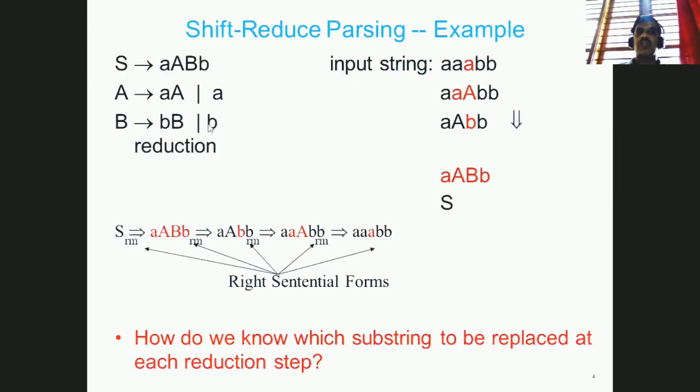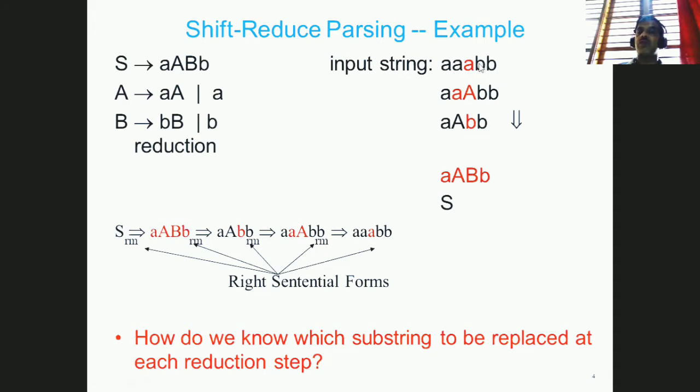For example, consider the given grammar and the input string a, b, b, and we are supposed to generate a rightmost derivation tree in the reverse order for the given string. That is, we are supposed to reach from a, b, b to S. My rightmost derivation string is a, b, b.